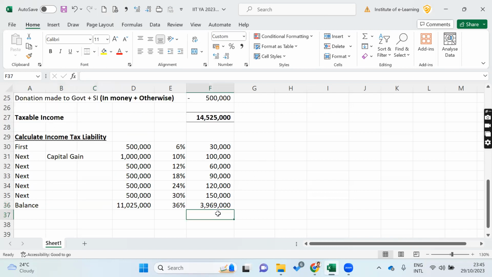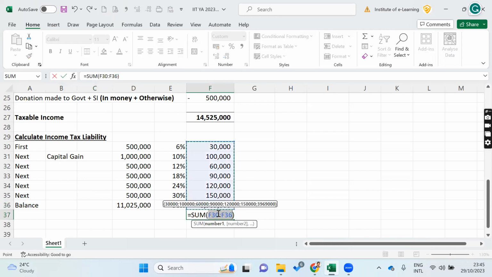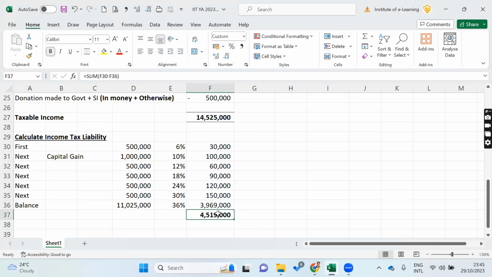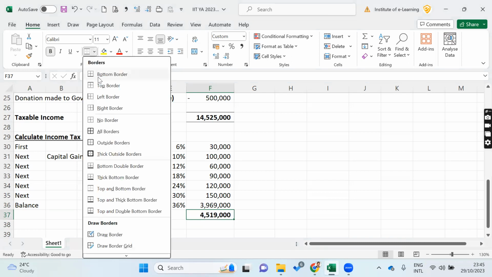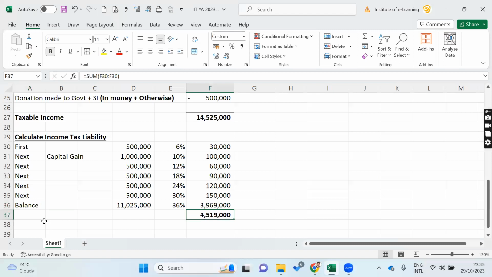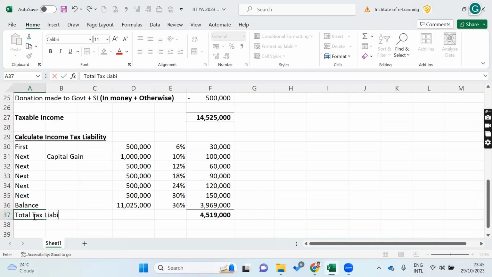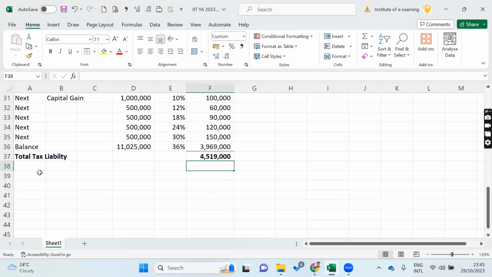Then the total tax liability would be 4.5 million, right? 519, total tax liability, 5.9.